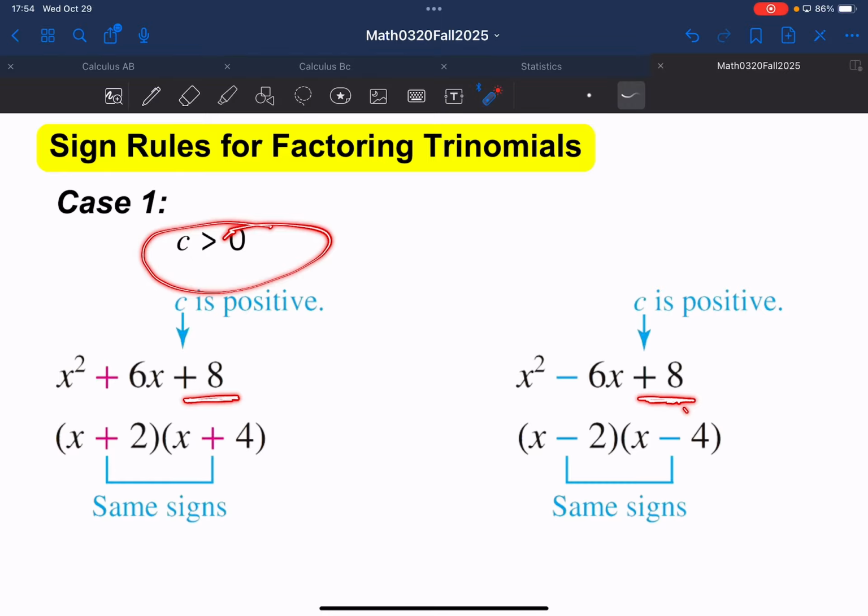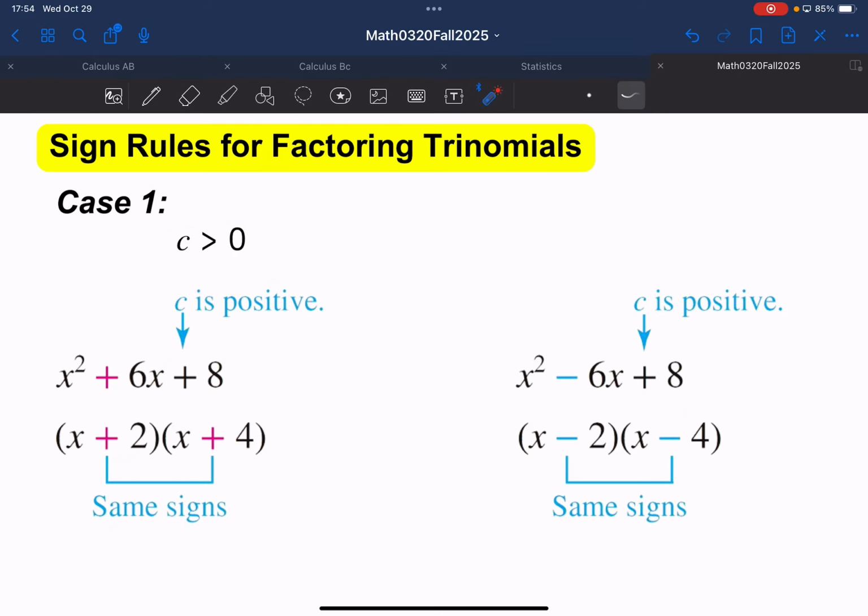So if it's a positive value, then you know that within your parentheses, you're going to have the same sign. So they're either both going to be positive signs or both going to be negative signs. Which makes sense because if this is a positive value that we're trying to multiply towards, the only way to get a positive number is multiplying two positive numbers or multiplying two negative numbers.